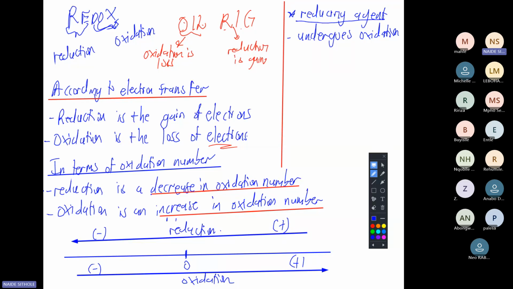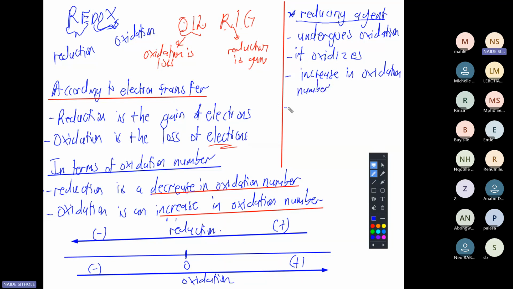In terms of oxidation number, a reducing agent will increase in oxidation number.